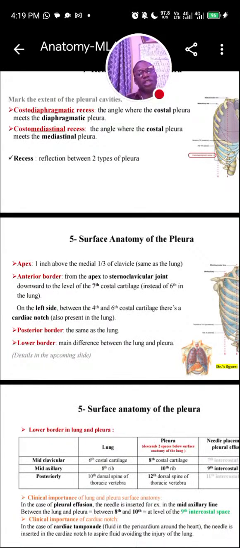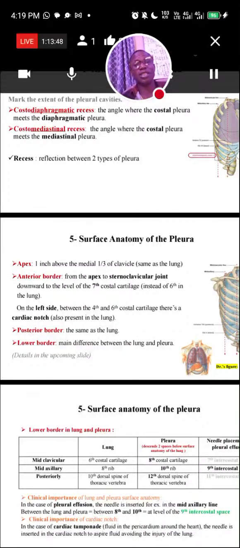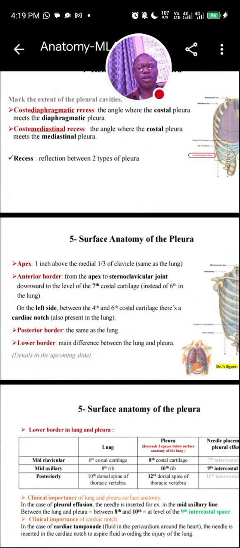Then posteriorly, the pleura of the lungs goes 3 to 4 cm above the first rib, but only 1 inch above the medial third of the clavicle. Are you following? You are still internalizing. So you should say it with us as we're saying it. So that is the anatomy of the lungs.